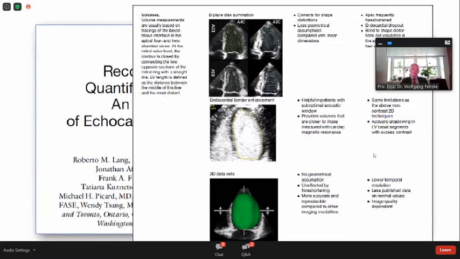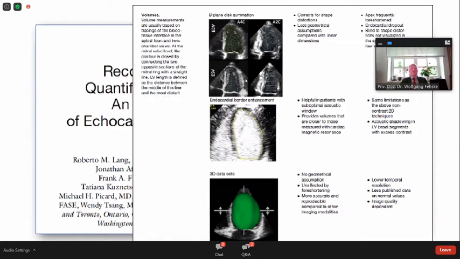We are using these methods, perhaps most of us are using the method of discs for 2D imaging, biplane 2D imaging for measuring ejection fraction, but nobody should really dare to say that this has been reasoned by the recommendation that you can calculate stroke volumes from these measurements.